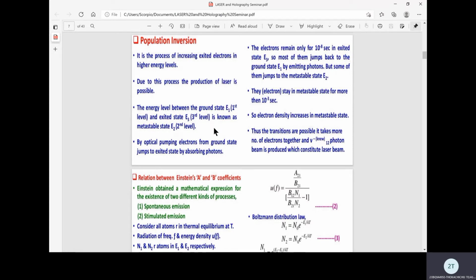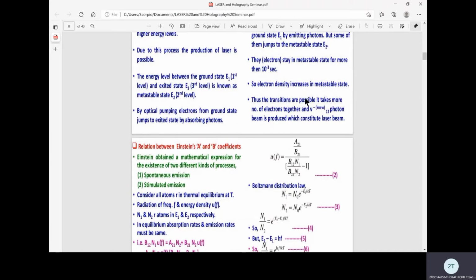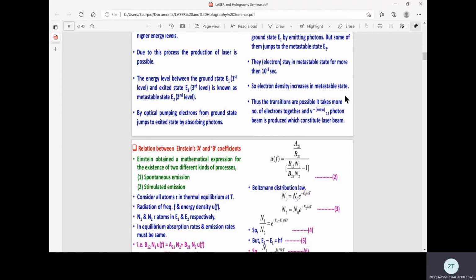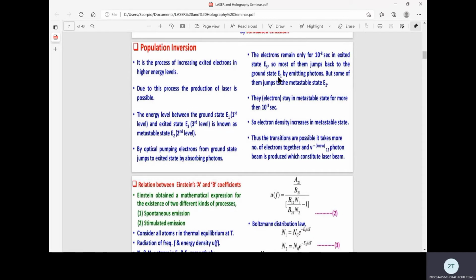What's the difference between this state and the higher energy levels is that the electron remains only 10 power minus 8 seconds in E3, while it remains 10 power minus 3 seconds in the E2 metastable state. So the electron density keeps increasing during the increased time in this metastable state compared to the higher energy level.